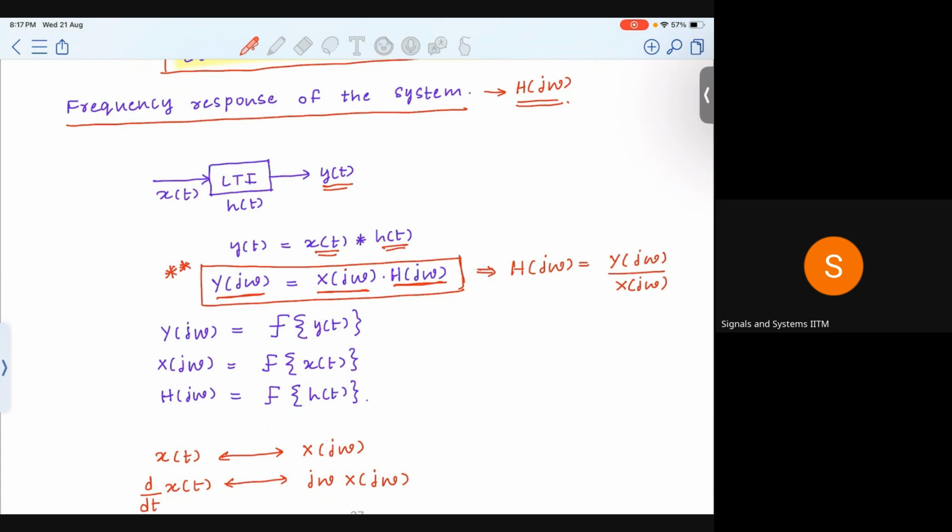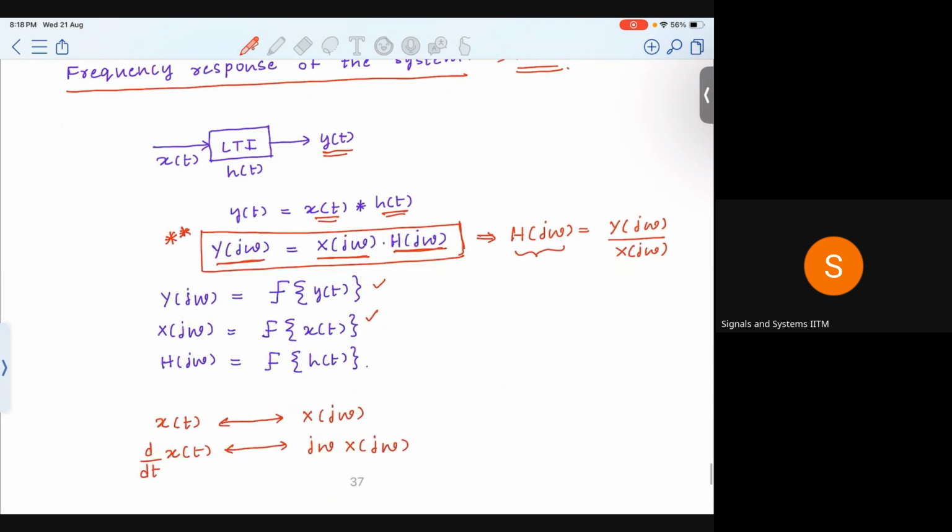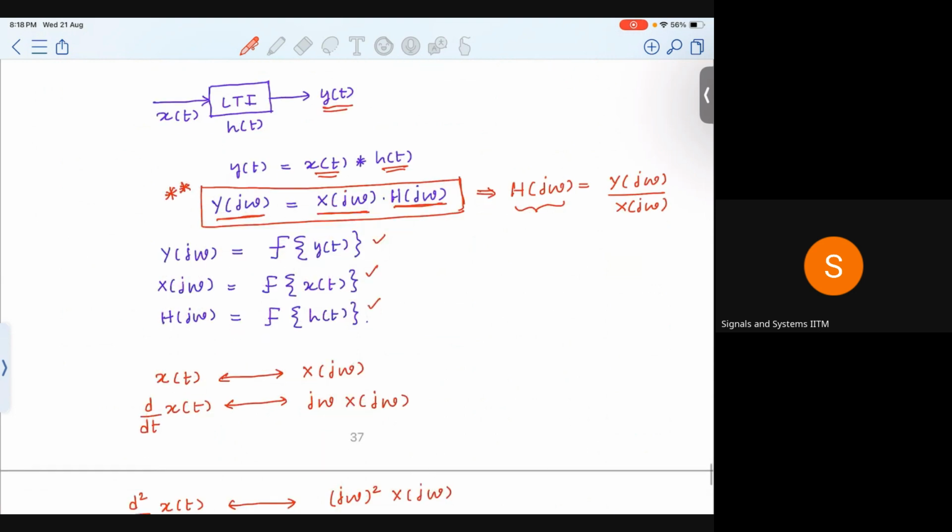So from this property, the frequency response of the system, which we denote by H of j omega, is nothing but Y of j omega divided by X of j omega, where Y of j omega is the Fourier transform of the output y of t, X of j omega is the Fourier transform of the input x of t, and H of j omega is the Fourier transform of the impulse response h of t.